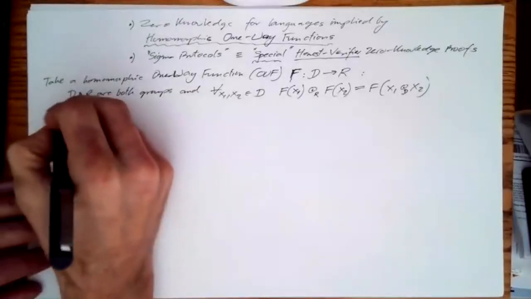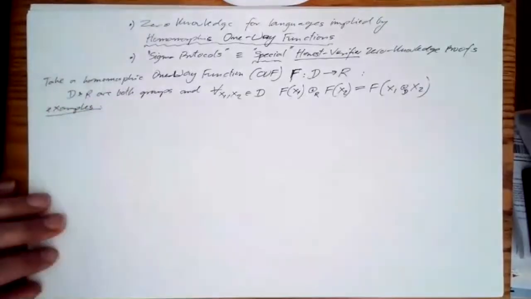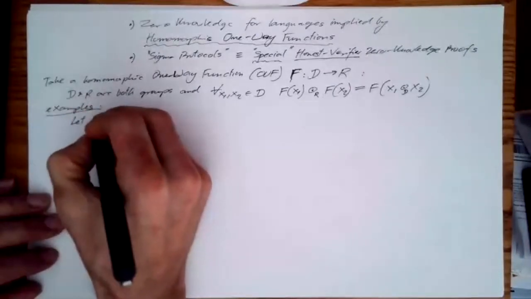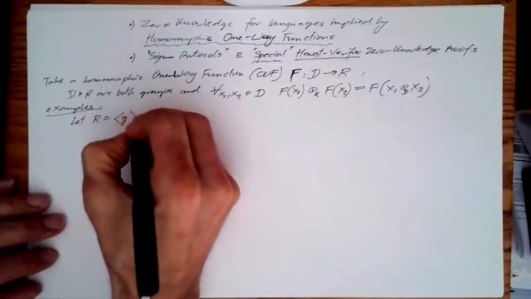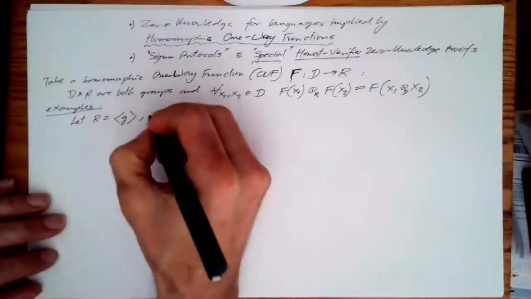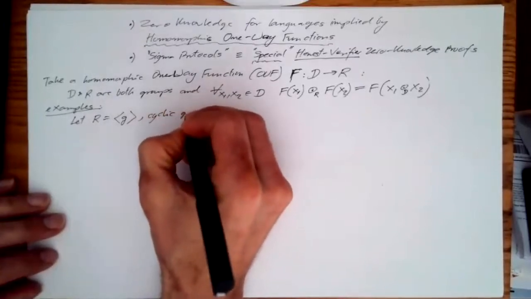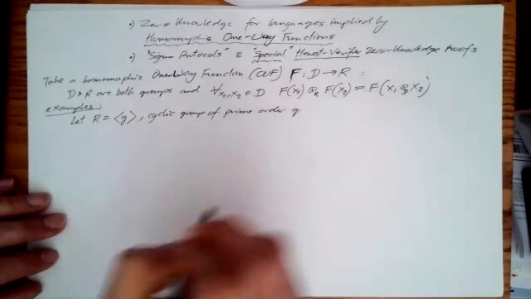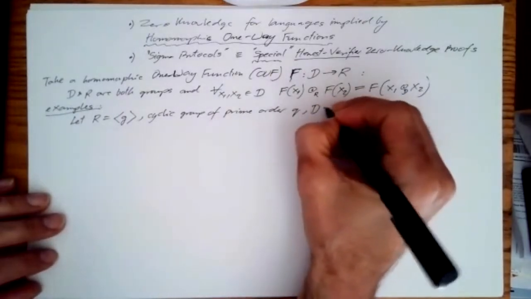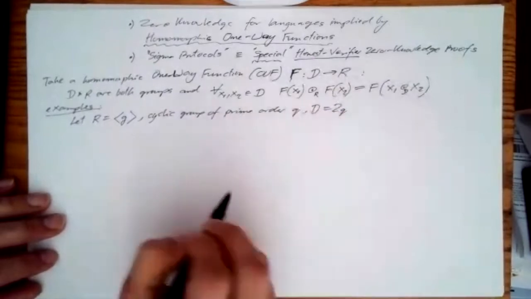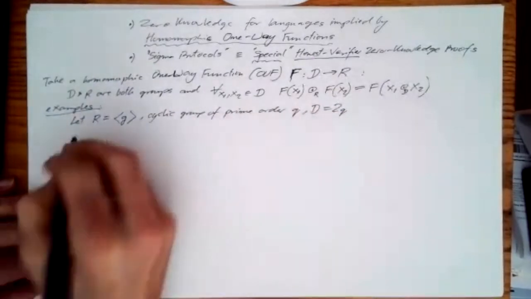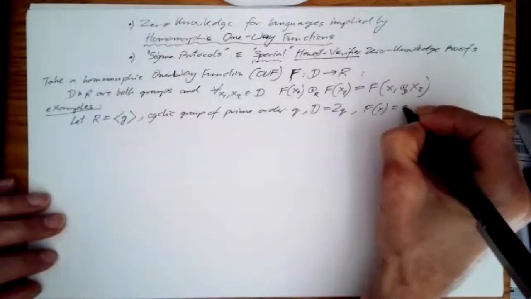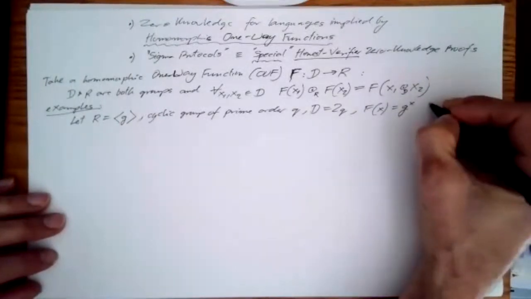Okay, so examples are needed. Let R be a group generated by generator G, a cyclic group of, let's say, prime order Q. And the domain is Z_Q, the integer residues mod Q. Let f of x be g to the x.